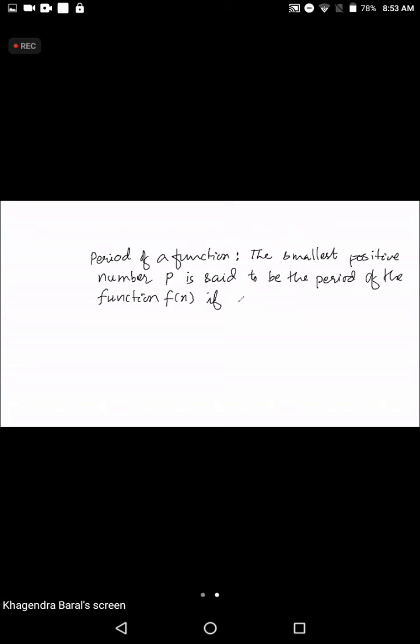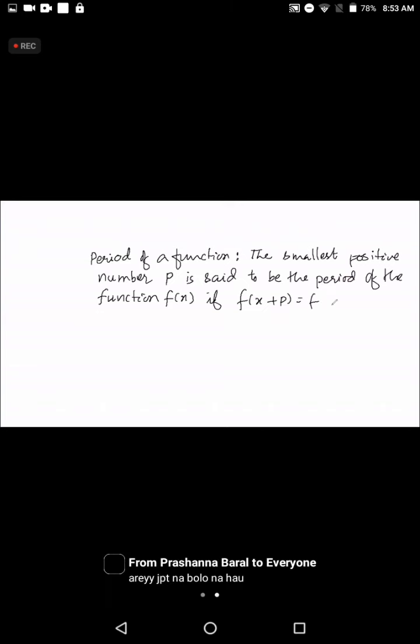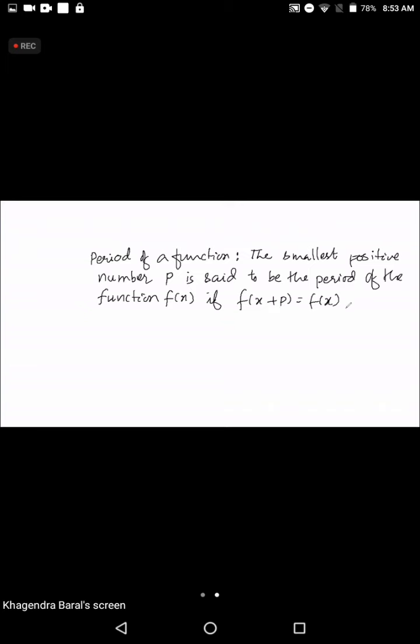If f of x plus p is equal to f of x for the smallest positive number p, then p is said to be the period of the function.